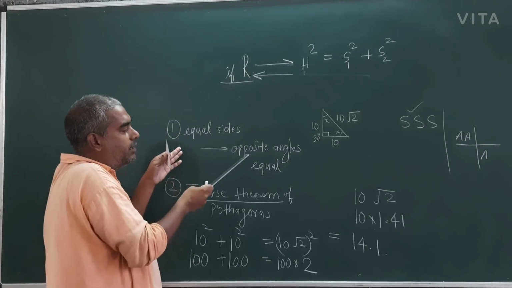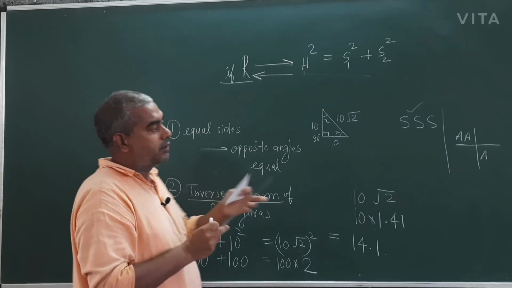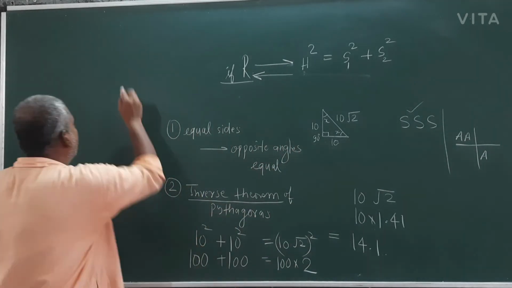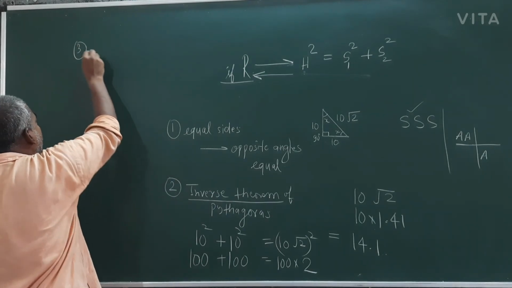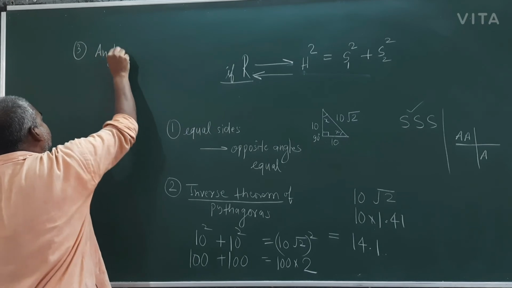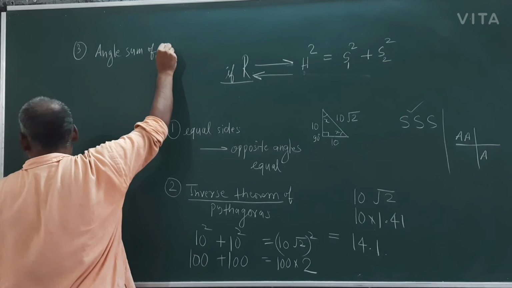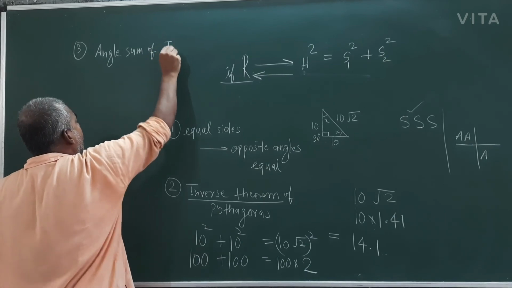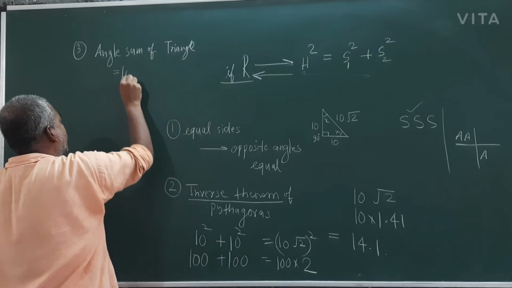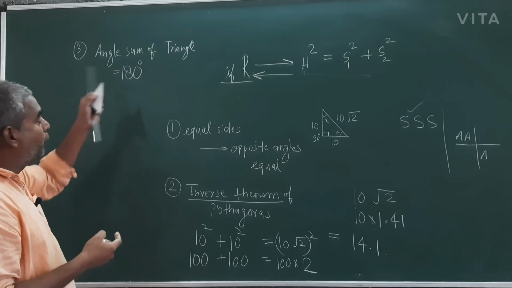Then applying this equal, now we will find the value of x. We will use the third theorem: the angle sum of a triangle is equal to 180. This is again a theorem. In class 9th you have first time proved it.